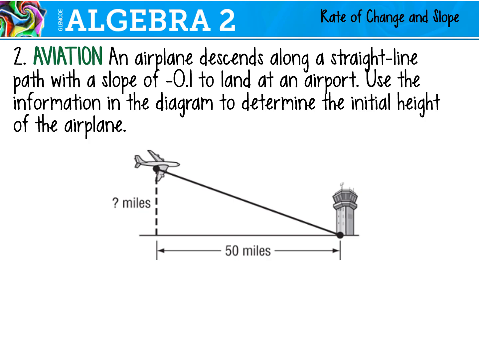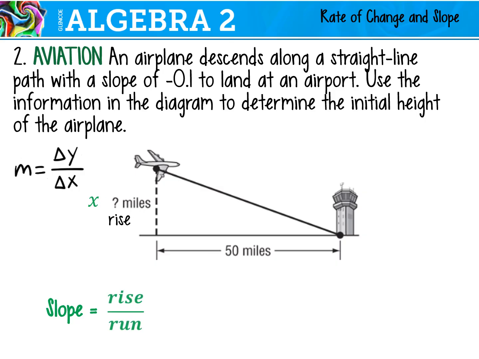Number 2, aviation. An airplane descends along a straight line path with a slope of negative 0.1 to land at an airport. Use the information in the diagram to determine the initial height of the airplane. So that's what we're looking for. And slope is a change in y's over the change in x's, or rise over run.